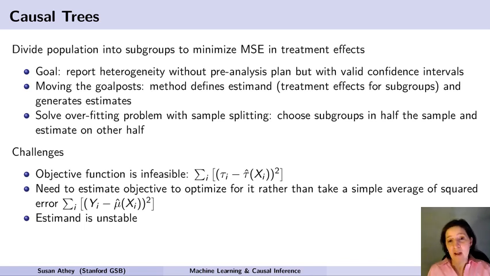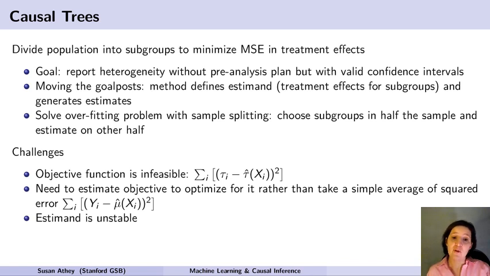So once I've solved one problem by adopting this approach of sample splitting, the remaining challenge is to figure out exactly how I should define the subgroups. And the nature of the challenge, why is this not a straightforward application of regression or classification that already exist?